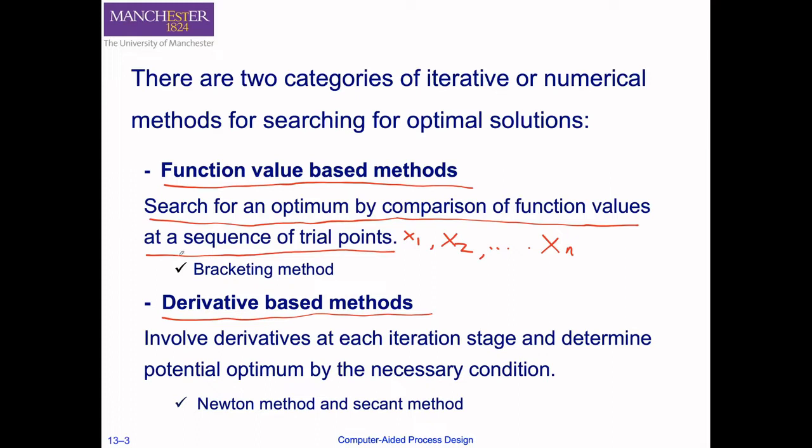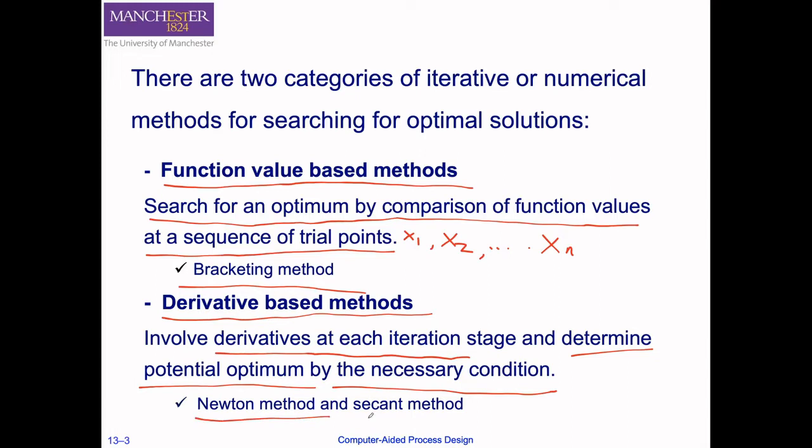One popular function value-based method is the bracketing method. In the derivative-based methods, we use derivatives at each iteration and determine potential optimum by the necessary conditions. There are two popular derivative-based methods, including Newton's method and the secant method.